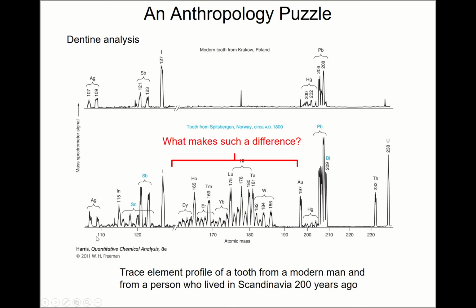As you know, the x-axis is atomic mass, and the y-axis is signal. You see, first samples are atomized completely at very high temperature, and then individual metal atoms are detected by mass spectrometry.